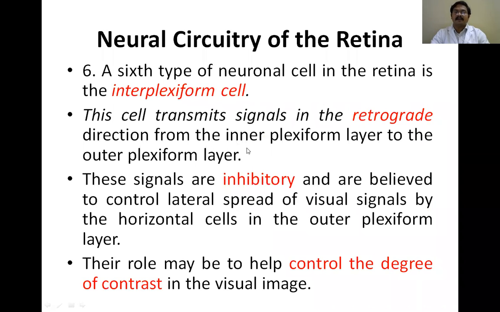These signals are inhibitory, and they are believed to play an important role in controlling the lateral spread of the visual signals by the horizontal cells in the outer plexiform layer.